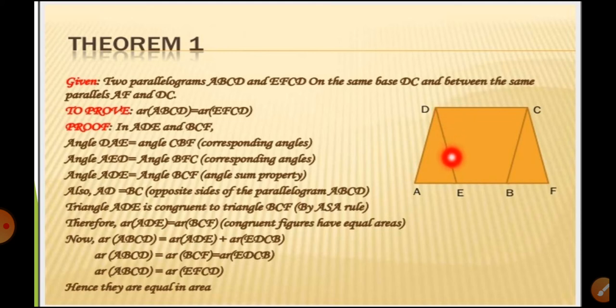So proof: in triangle ADE and triangle BFC, from these triangles, angle DAE is equal to angle CBF, corresponding angles.